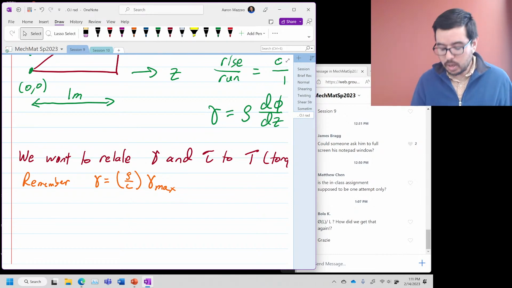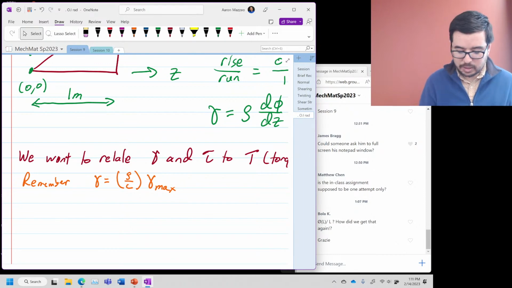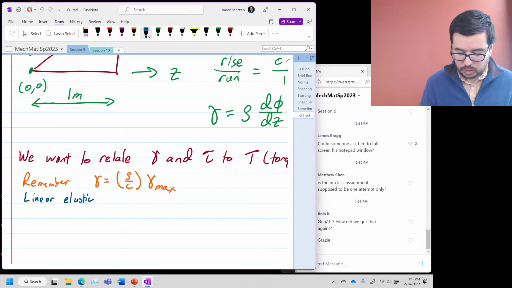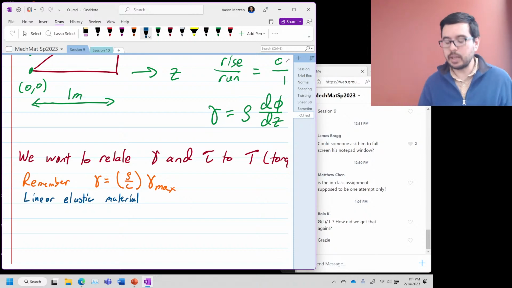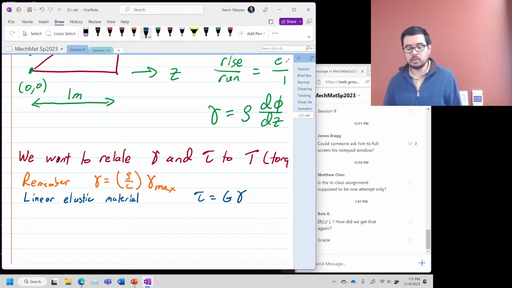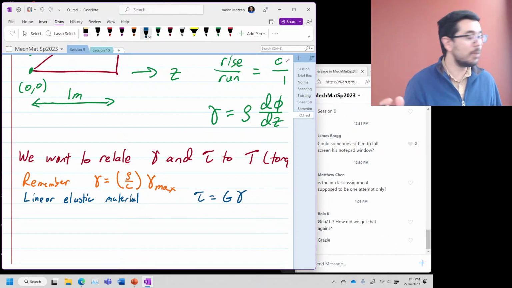Okay, so that's fine. Now let's also say we have a linear elastic region, so we have Hooke's law that says tau is equal to G gamma.